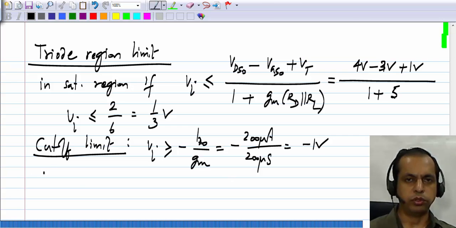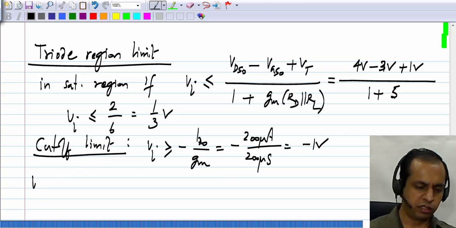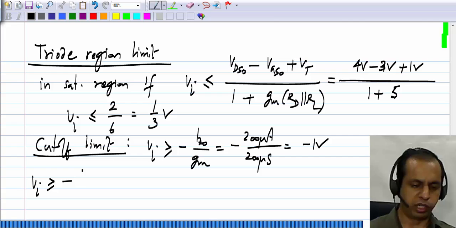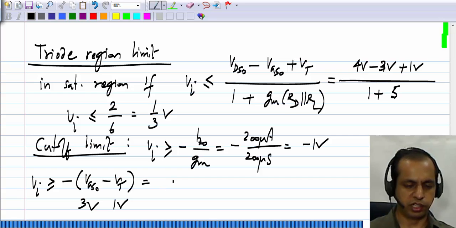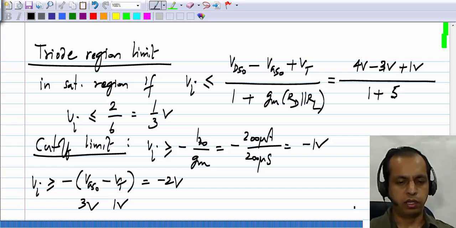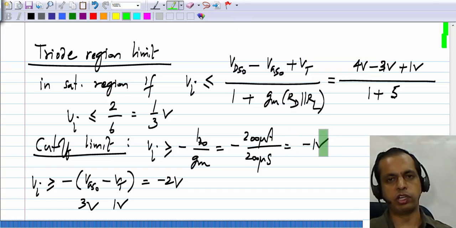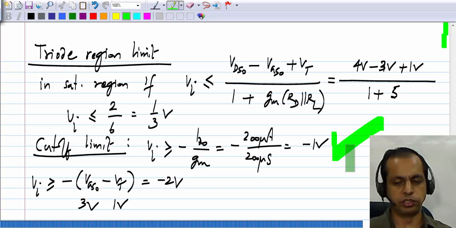And if you use the VGS based limit, Vi should be greater than or equal to minus VGS0 minus VT. VGS0 is 3 volts, VT is 1 volt. So this says that it is minus 2 volts. And like I described earlier, this gives us a conservative limit, and this method can also be used with bipolar transistors. So we will use this one.